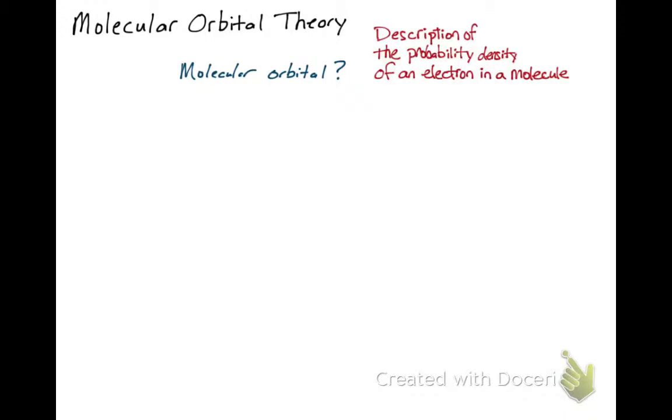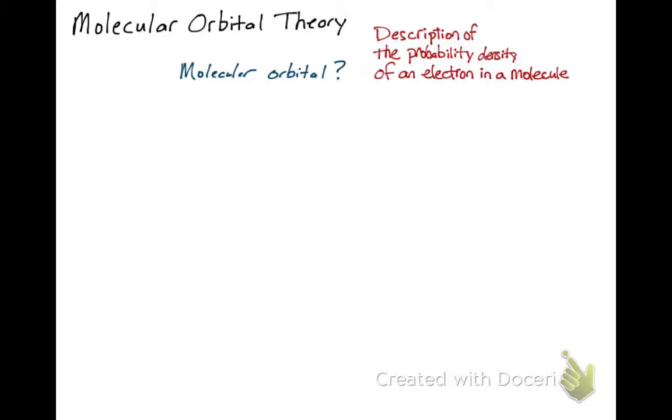So it's a description of the probability density of the electrons in the molecule. So just as atomic orbitals showed the probability density for electrons around atoms, in molecules, since the electrons are shared among all the atoms, the molecular orbital describes how those electrons are arranged around the entire molecule.